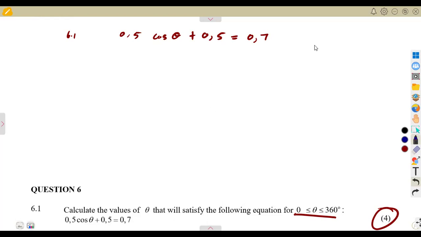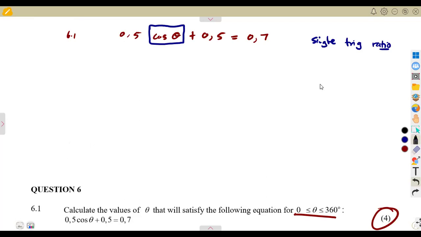So from this, what we need is to obtain a single trig ratio. As you can see, there's a cos here, so you're supposed to make this the subject of the formula.